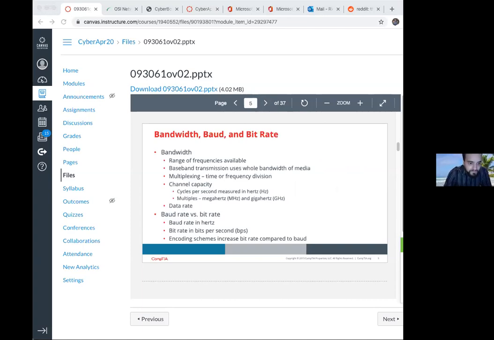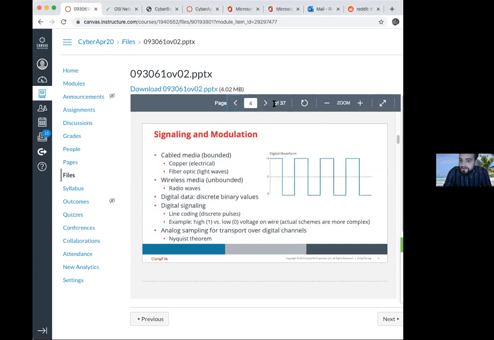Next up, we have, did I miss anything over here? There was analog signaling as well. It oscillates over waves, so it's an analog signal. They're not really using that anymore.